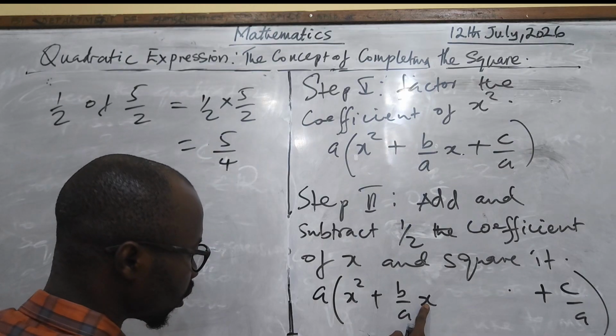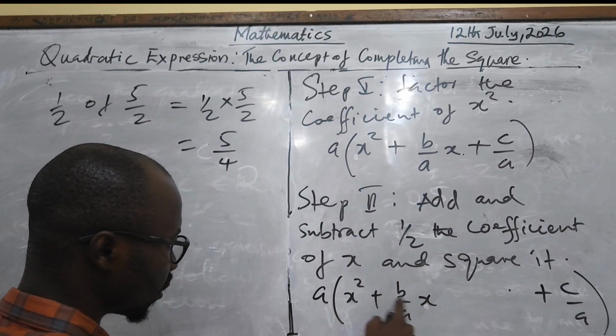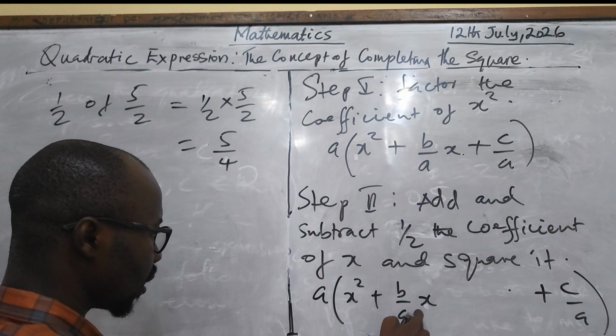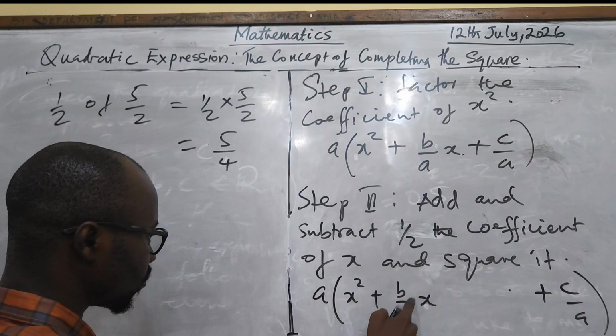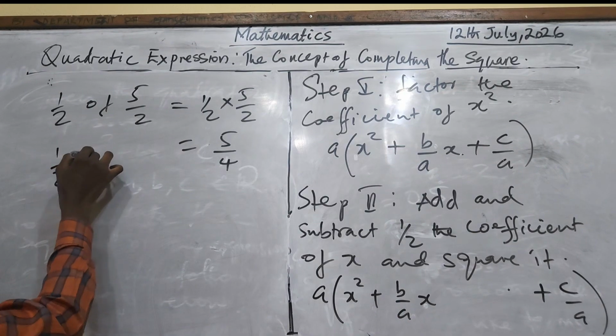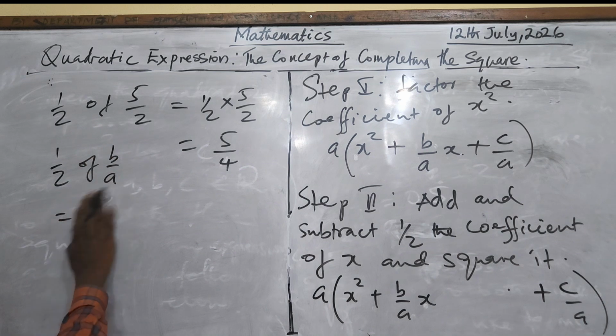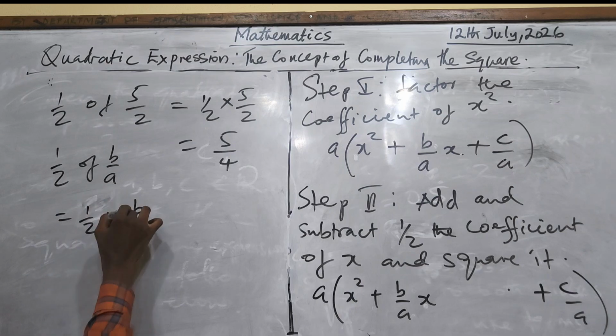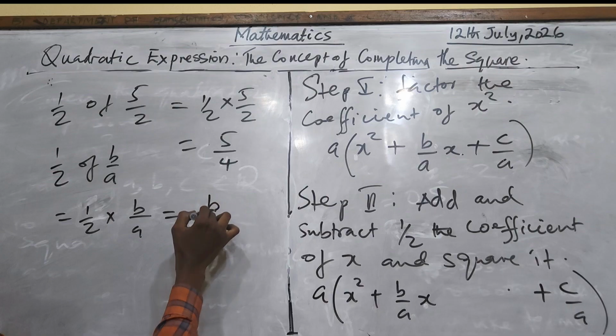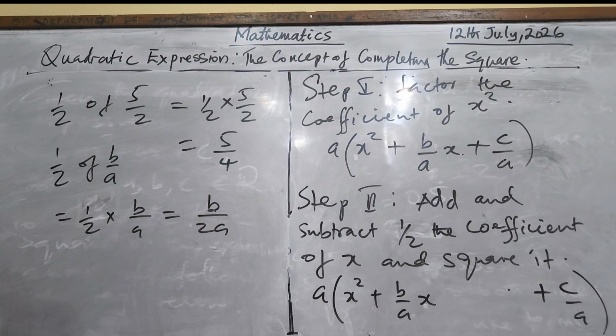Now what is the coefficient of x here? The coefficient of x here is positive b all over a. So half of b all over a is 1 over 2 times b all over a, which gives us b all over 2a.